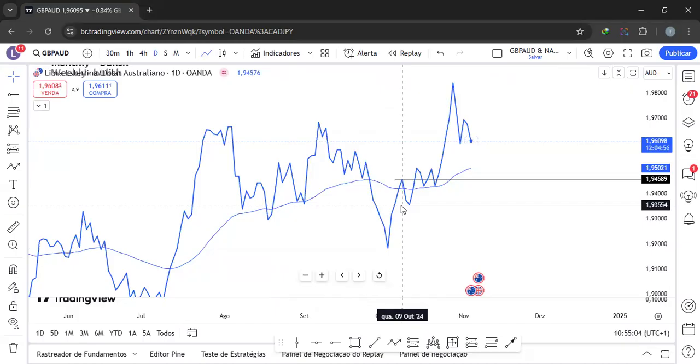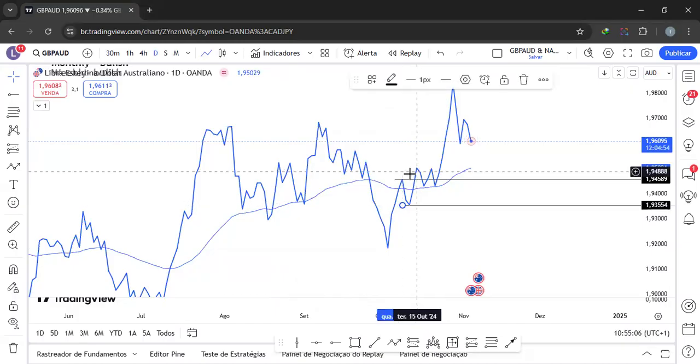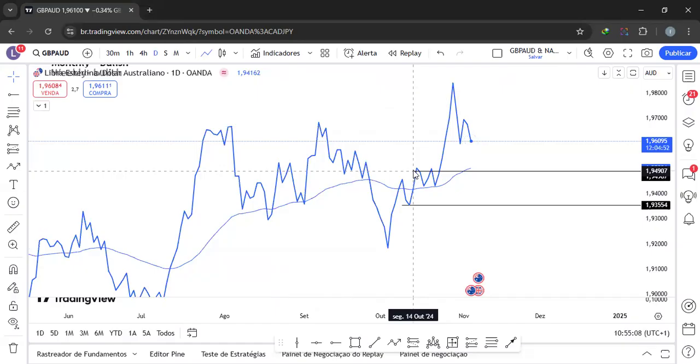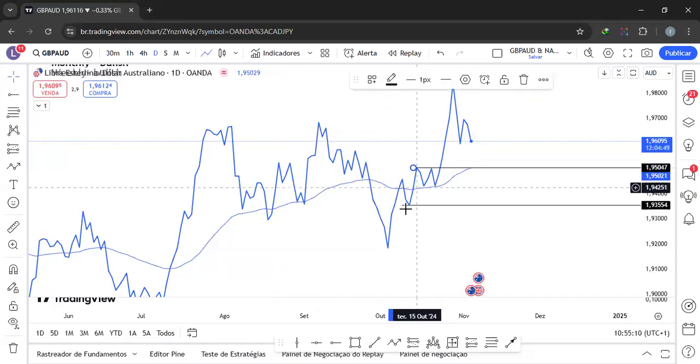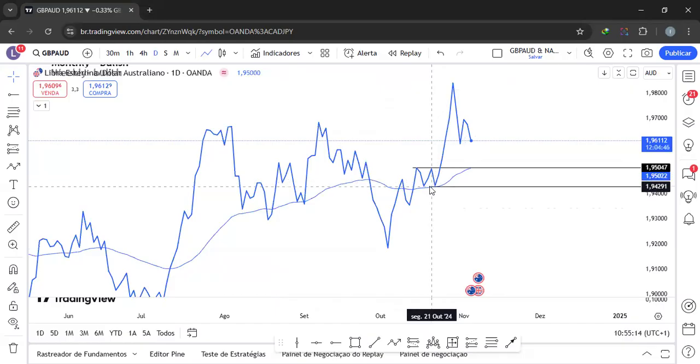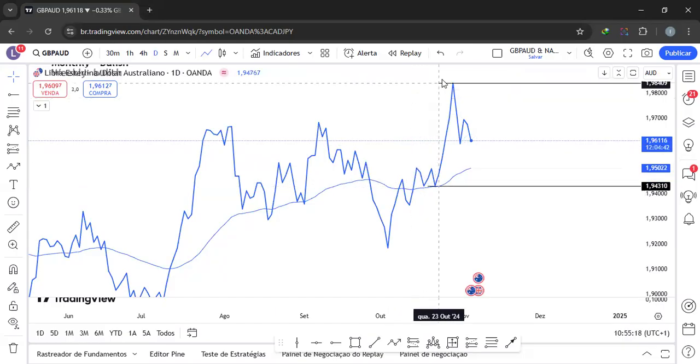After this higher low broke up, making a new higher high, and then came down, it made a new higher low. The last higher low that we have here is this one, and the last higher high is this one.